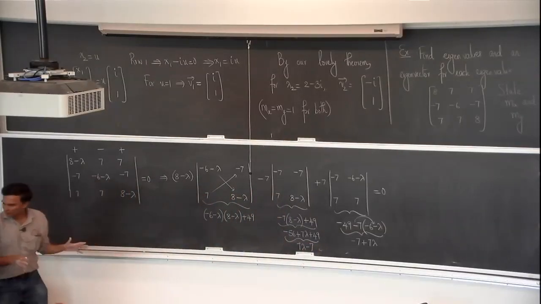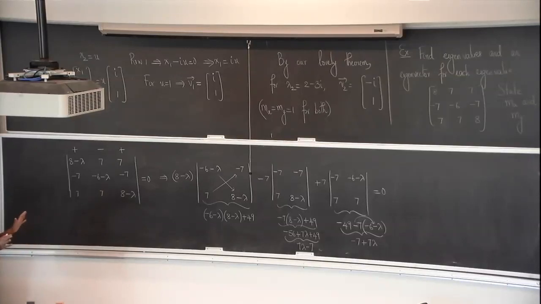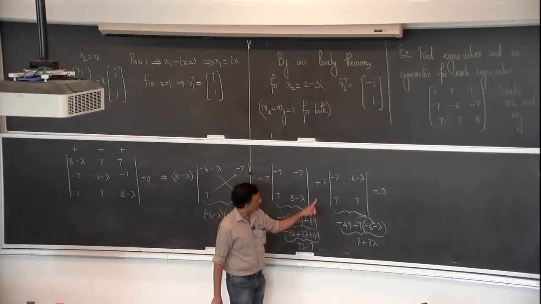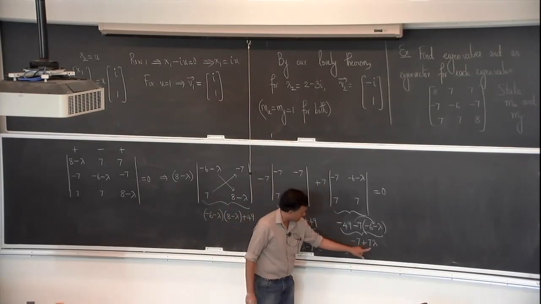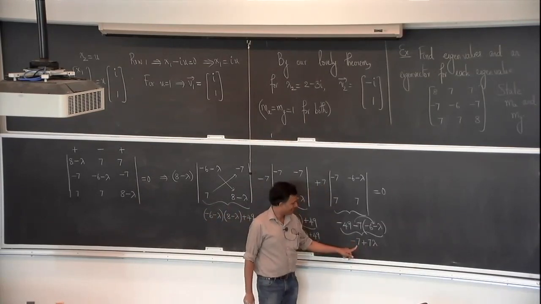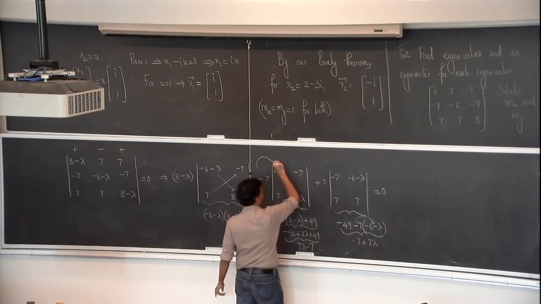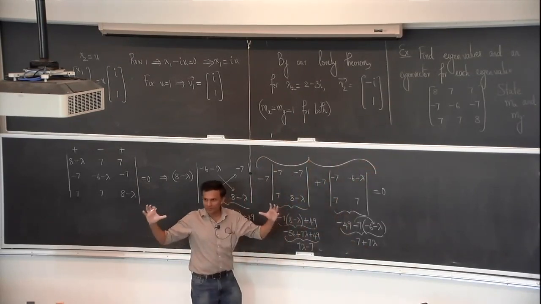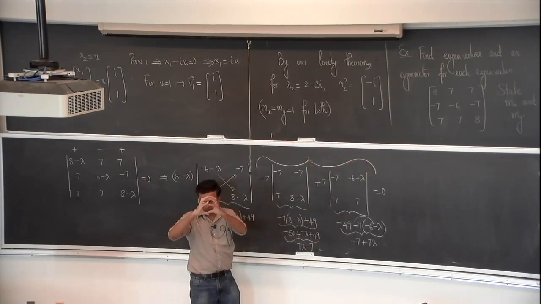If you look carefully at those two terms, we're going to be very happy about what's going to happen here. This is negative 7 times 7 lambda minus 7. That's a plus 7 times 7 lambda minus 7. Couldn't be happier. What is the net sum of these two terms? 0, right?